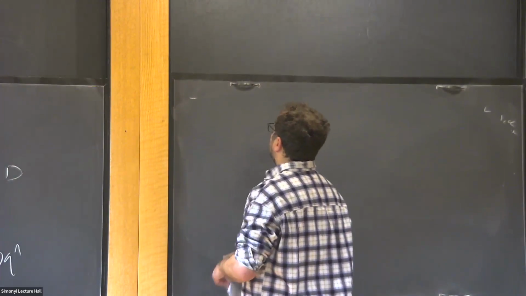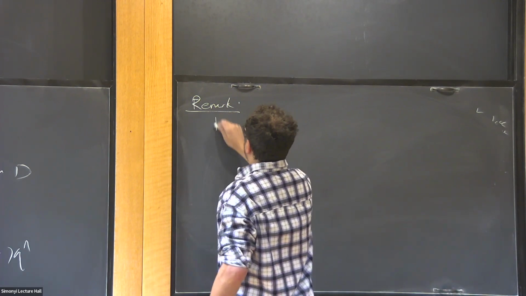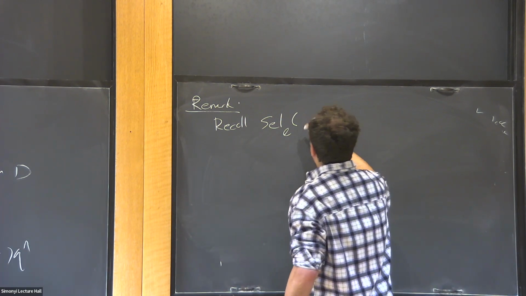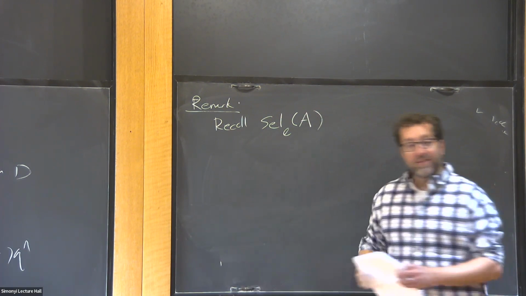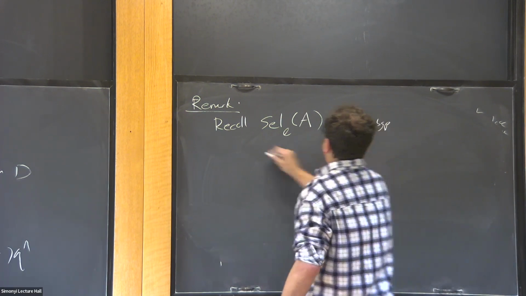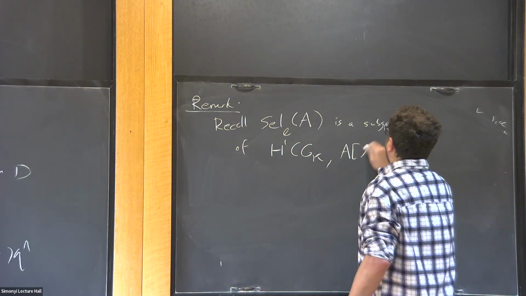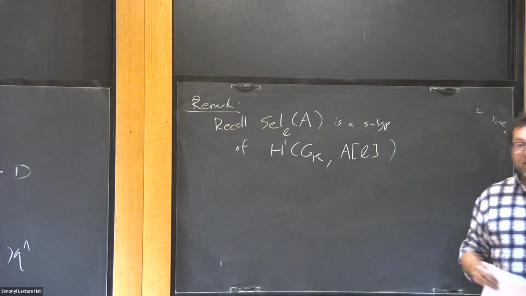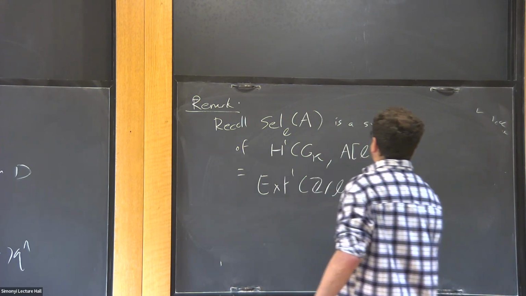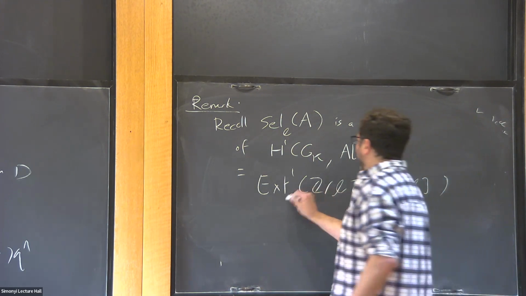So, remark: let me ask you to recall that this Selmer group, just for the heck of it, I'll write for an abelian variety, is a subgroup of this Galois cohomology group of Galois on the L torsion of A. But this can also be written as just Ext^1 of Z mod LZ, A[L], in the category of G_K modules.